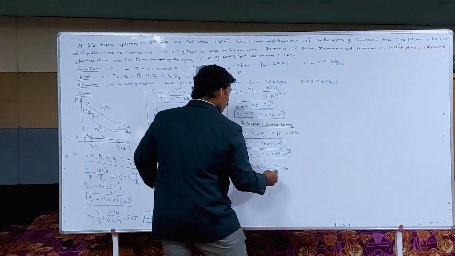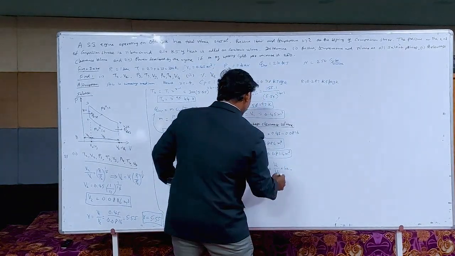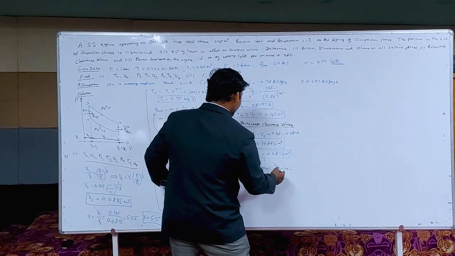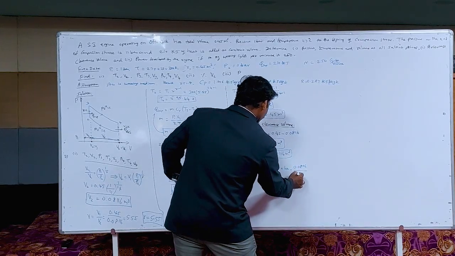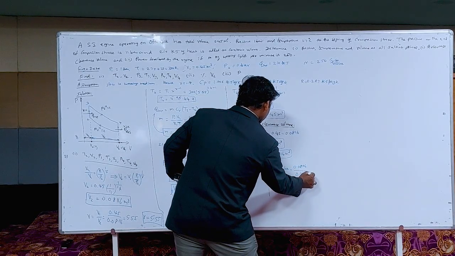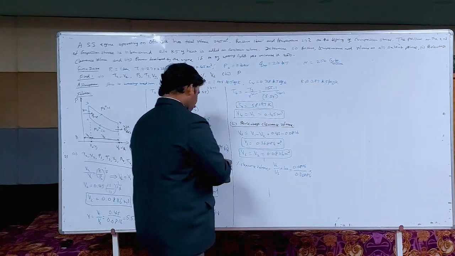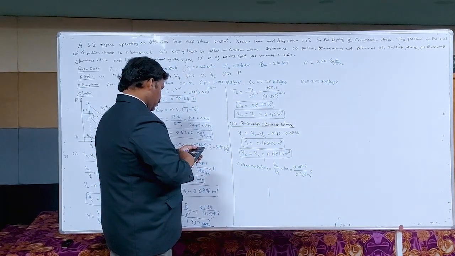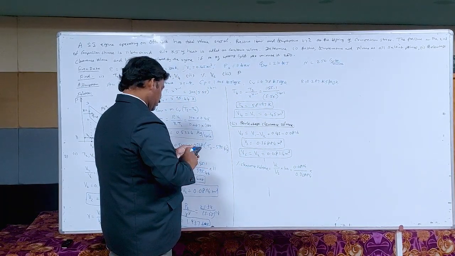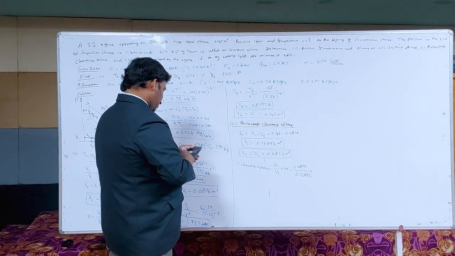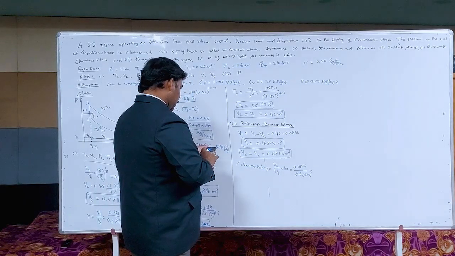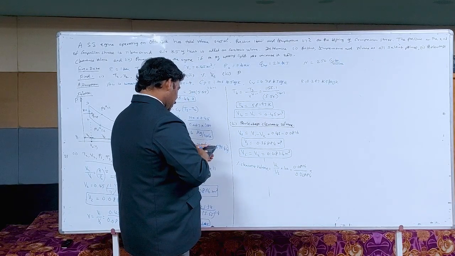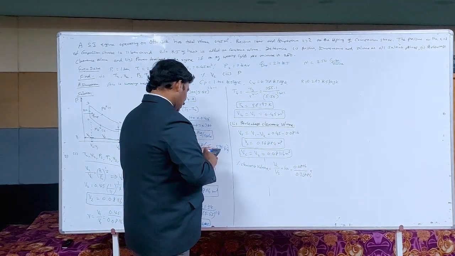Vc is V2, that is 0.08116, divided by the swept volume 0.36884, into 100.